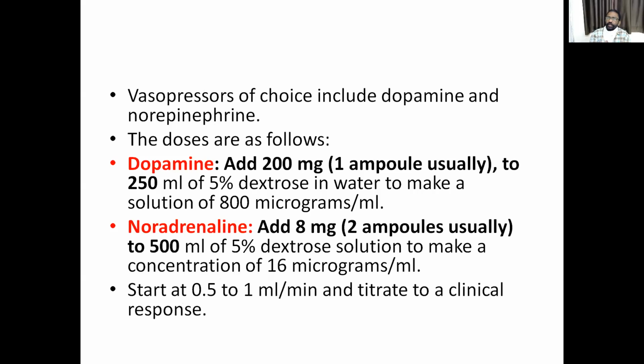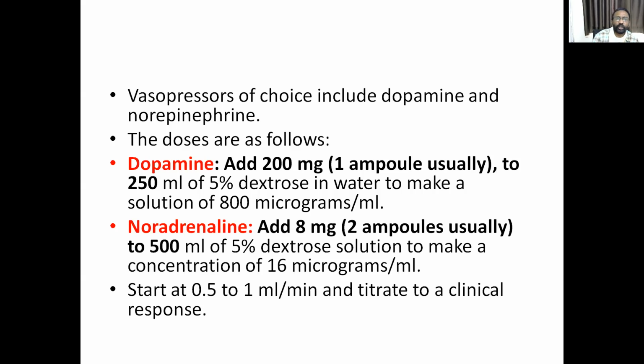If you treat with a bolus of 500 ml or 1 liter of normal saline and the patient's blood pressure does not improve, then you must give dopamine or noradrenaline through a syringe pump or fluid pump.